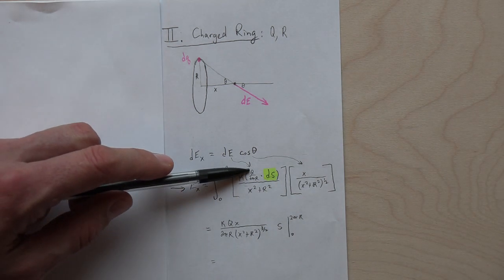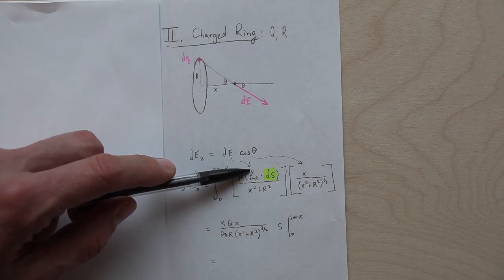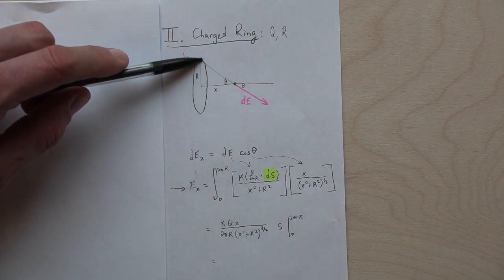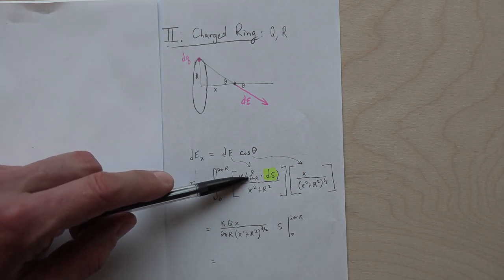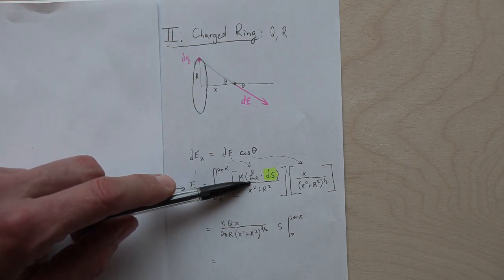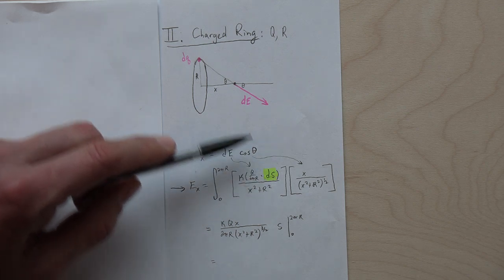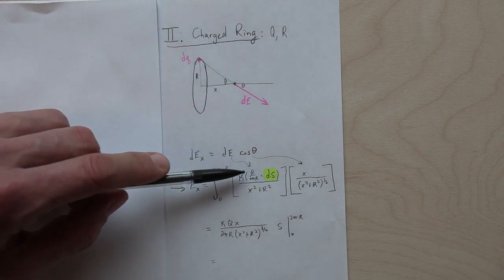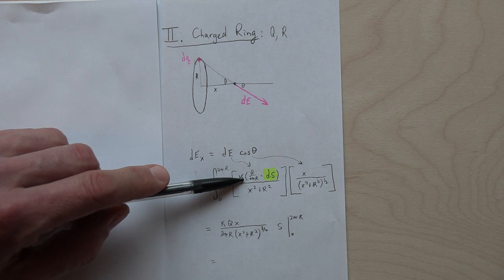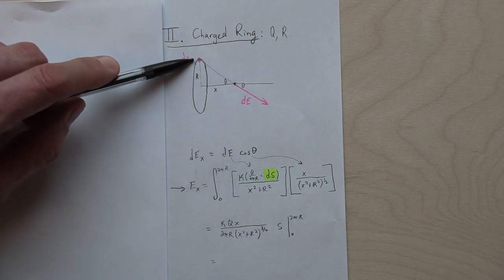This term, Q over 2 pi R, is the coulombs per meter. Coulombs divided by the meters of the entire ring gives me lambda, the coulombs per meter. And then I multiply by ds, the length of this little segment of the ring or tire, so coulombs per meter times meter gives me the coulombs of that little piece right there.